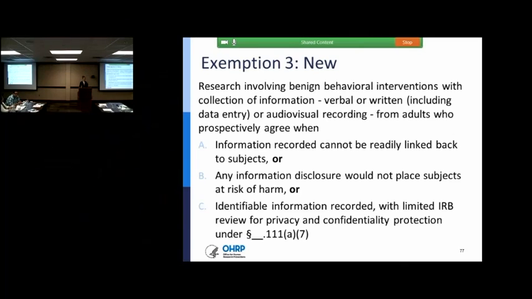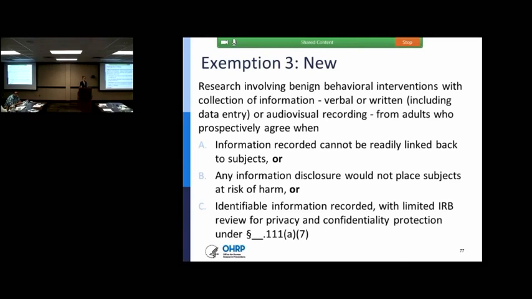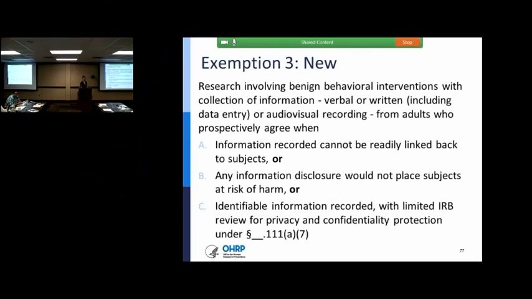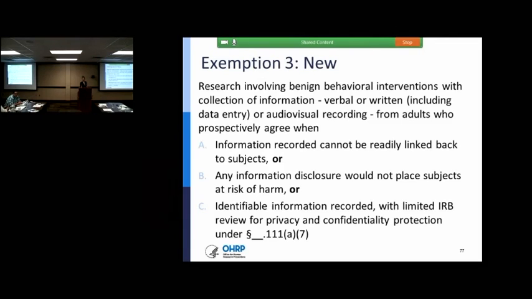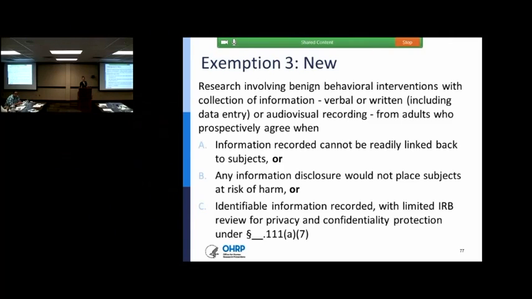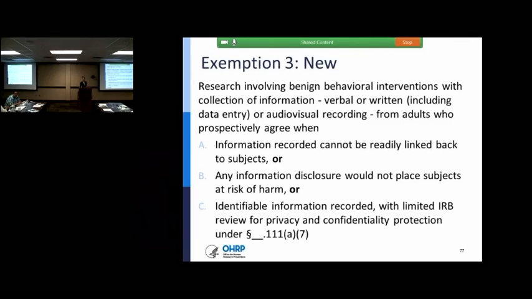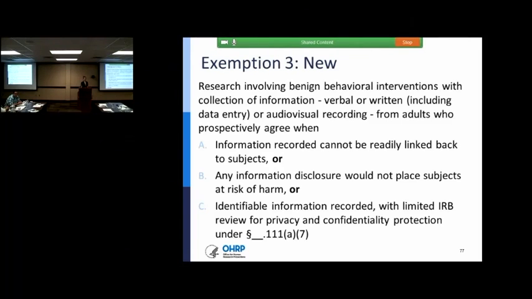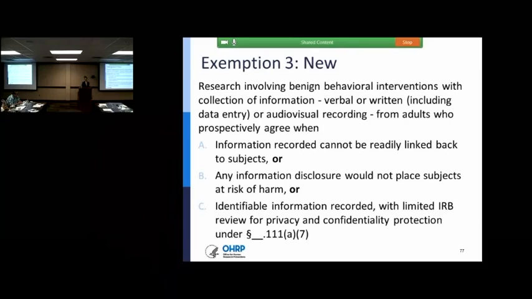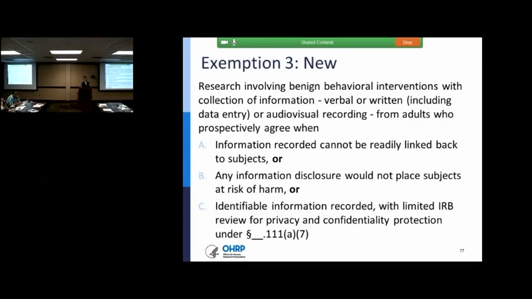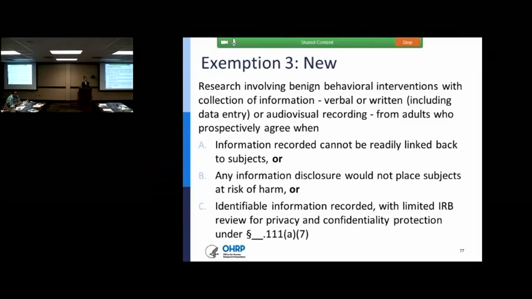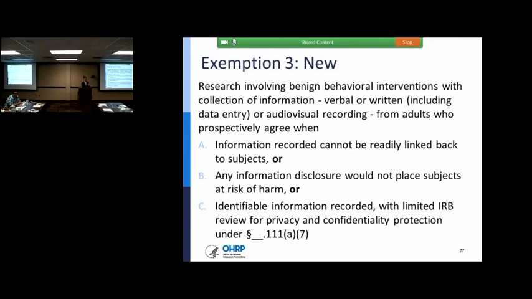I have another question. If it's an audiovisual recording, how can the information not be readily linked back to a subject? So if you have an audiovisual recording, I'm here in this room and this is an audiovisual recording, and I'm saying something and you can see my face. Right.